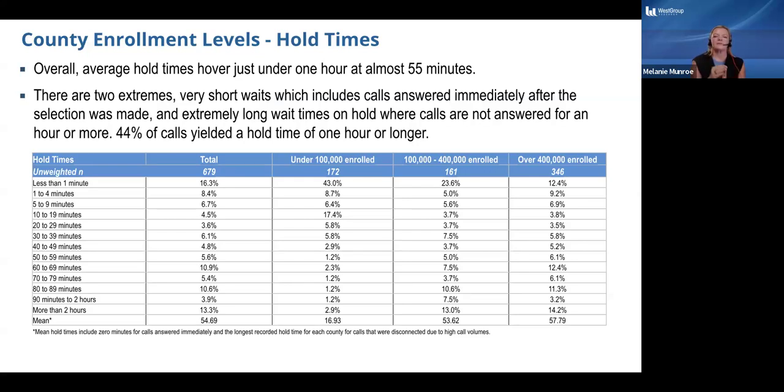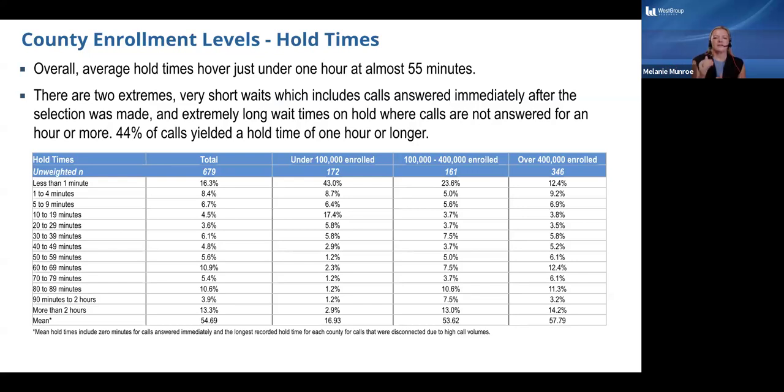And then for calls with extended high call volume where we were disconnected and we wanted to be able to include them in the average hold time, the way that we did that was to create a ceiling for each county. So we created that ceiling, or that max hold time, based on the longest call that we had in the county.